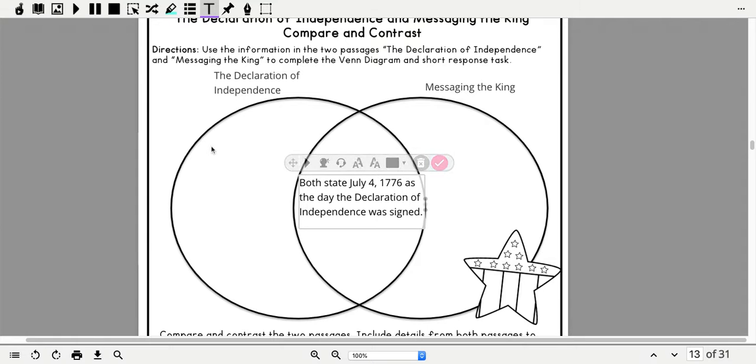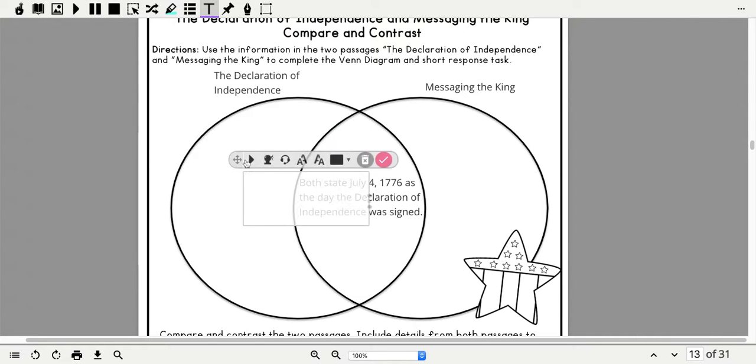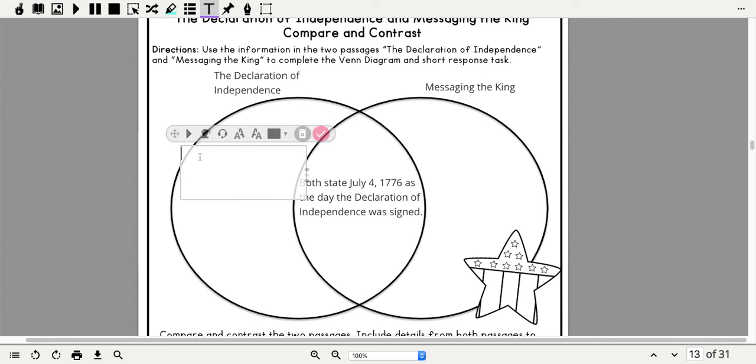Now, over here for the Declaration of Independence, we're trying to find something that is just in the Declaration of Independence and not in Messaging the King.